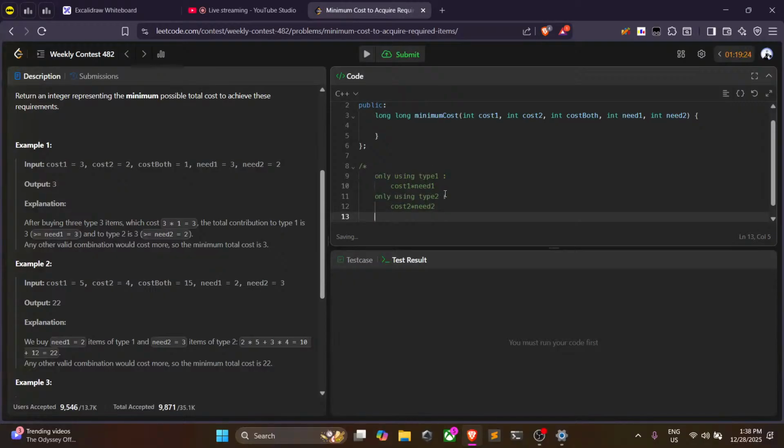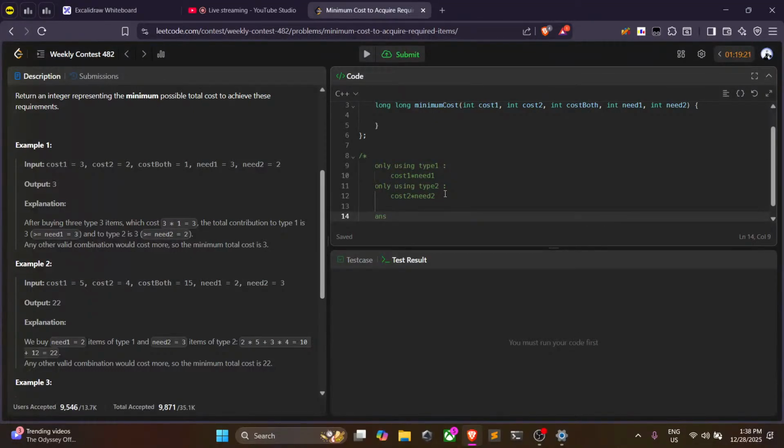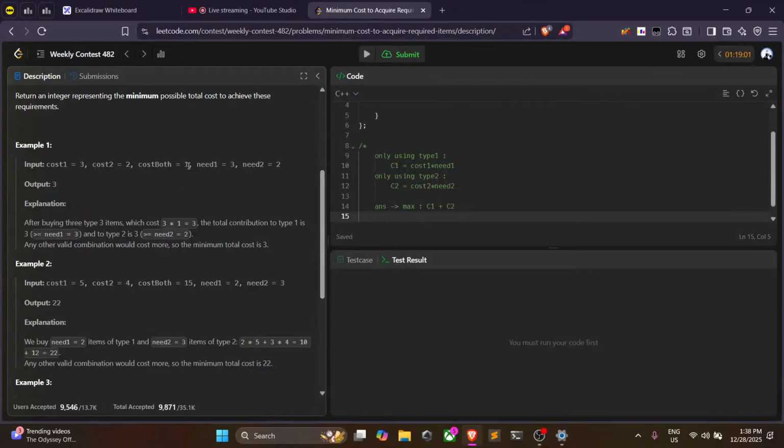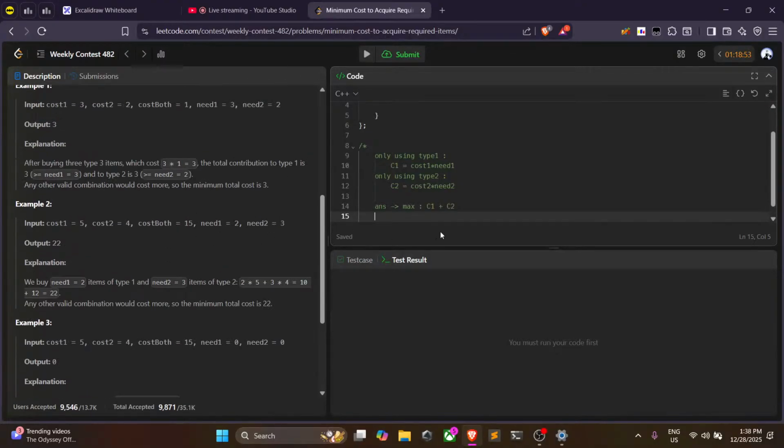So basically the answer's max bound would be C1 plus C2. It's a max bound, but as you can use both also, you can use some x amount of both.